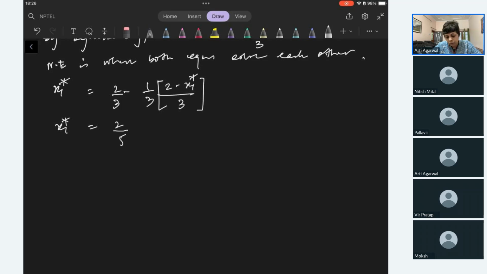In other words, this is greater than 1 by 3 or 2 by 6. So X1 star in this situation comes out to be 2 by 5. When the resource is renewable, it so happens that because the resource keeps regenerating itself, the game plays out in such a way that you will end up using it much more.